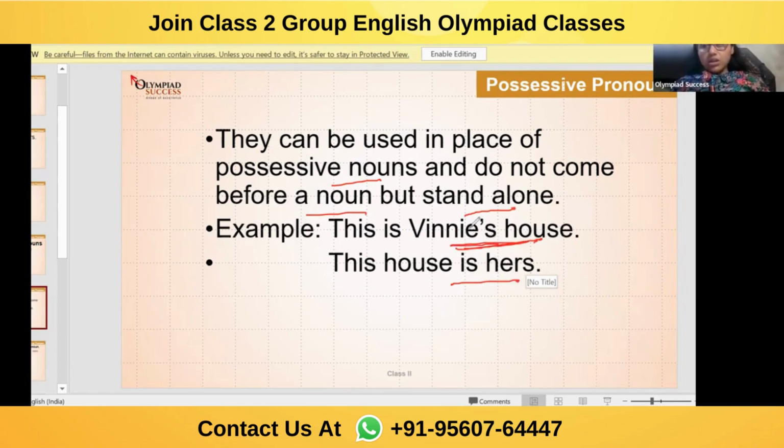Rather than saying Winnie's house, we say this house is hers. In a possessive noun, the 's comes with the noun, right? But in this, it never comes with a noun. The house is hers. We will write like this.